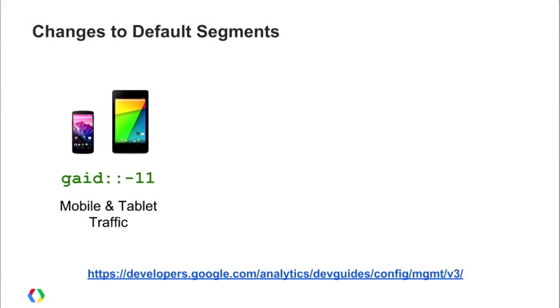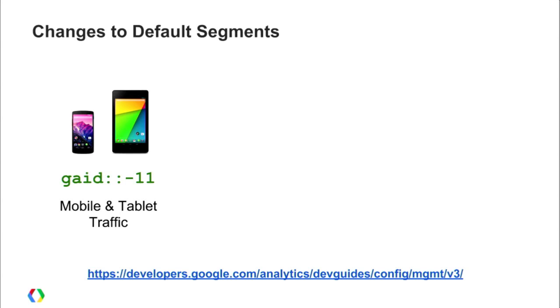If you use the management API, you'll know that the default segments have an ID associated with them, and they're actually negative numbers. Prior to this change, -11 was just mobile traffic, and it's been renamed to mobile and tablet traffic, so it includes both of those now. That hasn't changed from a data perspective; you wouldn't see any change there.